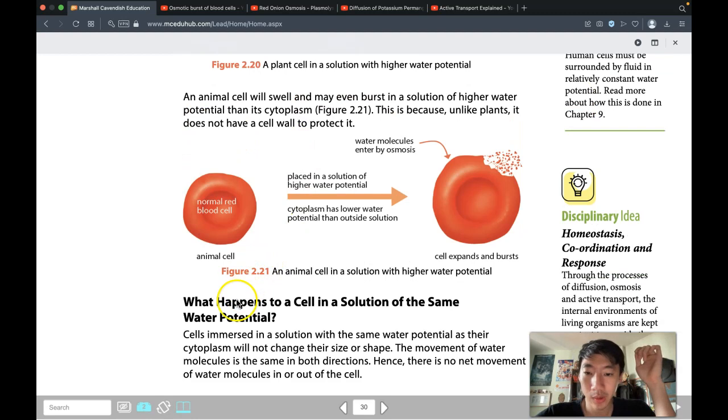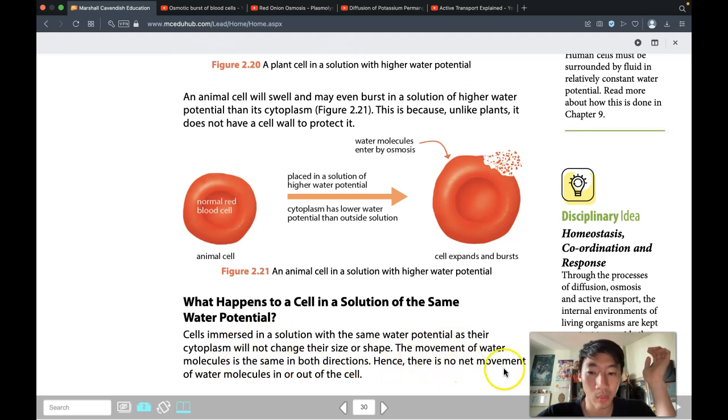Okay, so what happens to a cell in a solution of the same water potential? If it's put into the same water potential, the cell will not change in its size or its shape or anything, right? No change in volume, no change in mass, nothing, right? That's because the movement of water molecules is the same in both directions.